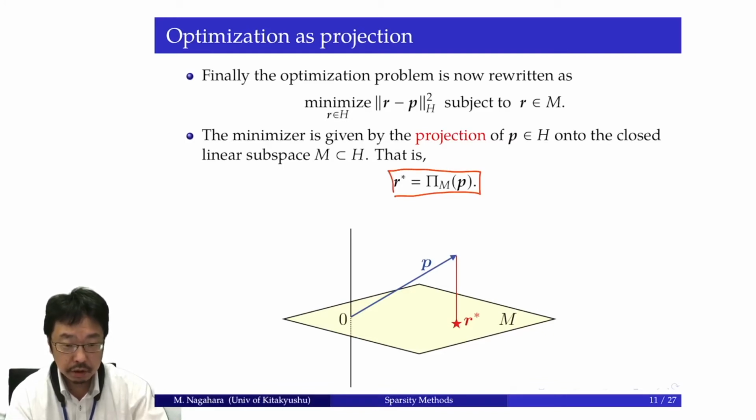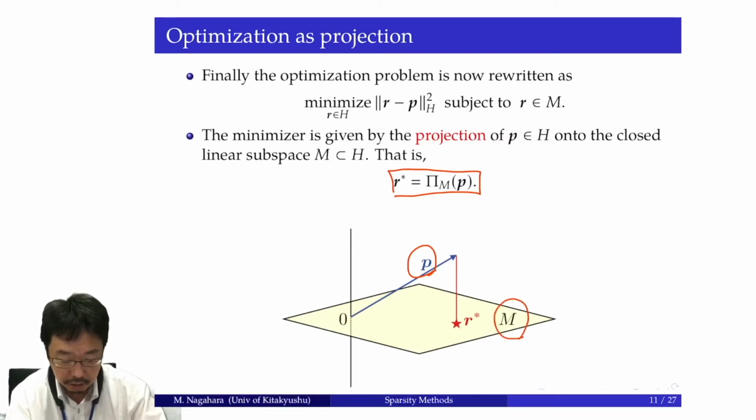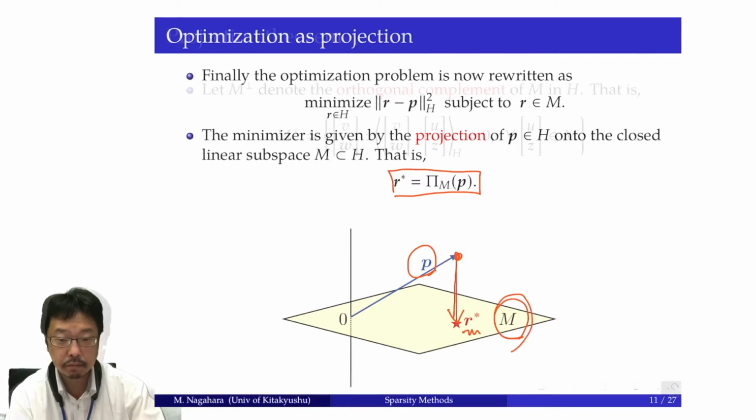This picture illustrates the projection. We have a vector p in H and a closed linear subspace M here. Then the minimizer r asterisk here is the orthogonal projection of p onto this linear subspace.